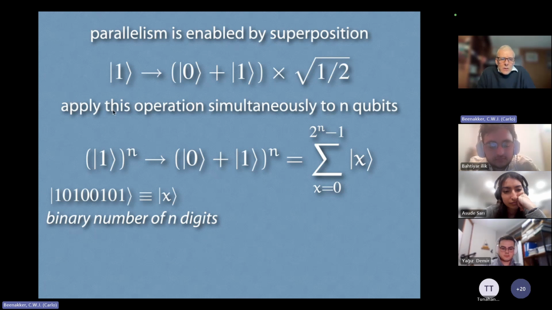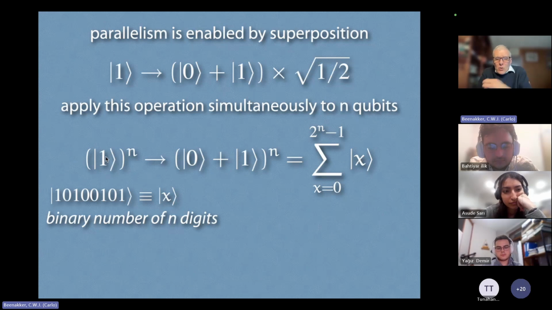Now if I have n qubits, so this was just 1 qubit, then it becomes 0 plus 1 to the power n. So it's 1 qubit which is 0 plus 1, the other qubit which is 0 plus 1, and I have a whole bunch of them. Now imagine working out this product like you learned at high school, right? (a plus b) squared is a squared plus b squared plus 2ab.